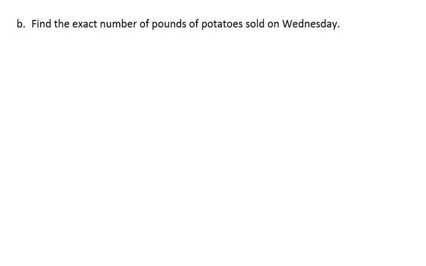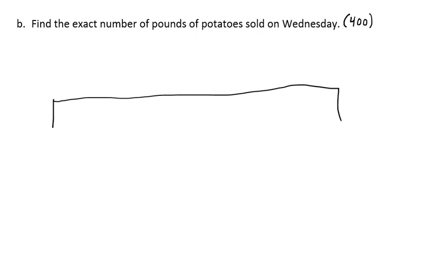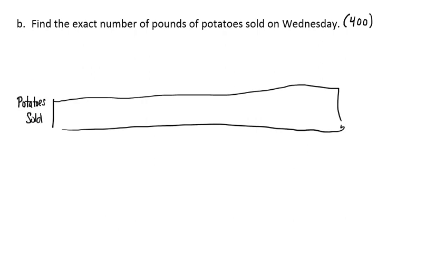Now when we find our exact answer, we know it should be somewhere around 400 pounds. So I'm going to draw the same tape diagram as I did in my estimated answer. And I'll label it. And I'll break it into 3 parts again. So we have Monday, Tuesday, and Wednesday.